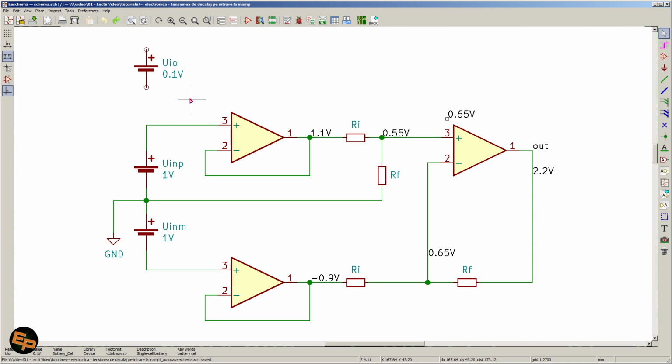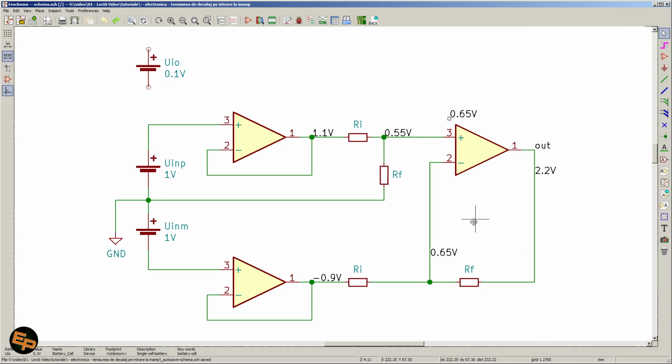Okay, and if we are to calculate this for a different amplification factor, let's say that we have RF of different values and RE again different values than RF, so we have an amplification factor equal to the ratio between RF and RE.